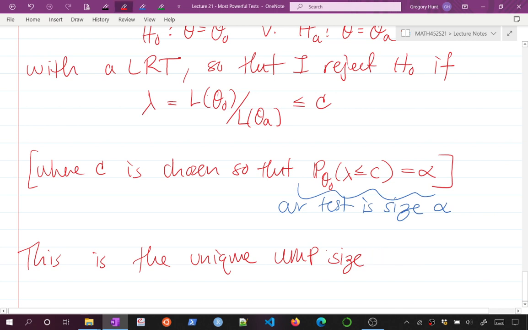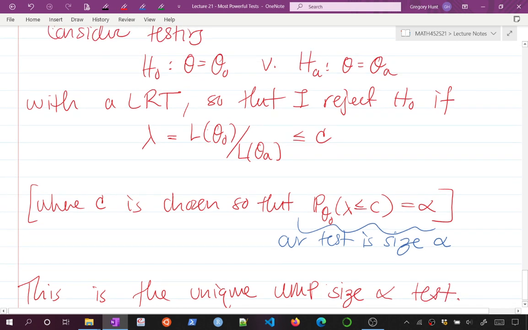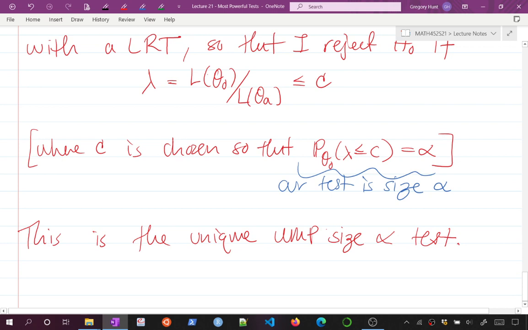Let's just stick with size alpha test. So the whole theorem basically says if I have a simple hypothesis, I'm going to use my LRT, and I'm going to choose the constant for my likelihood ratio test to ensure it's a size alpha test. And if I do this, this is going to be the uniformly most powerful size alpha test, and in fact it's a uniquely UMP size alpha test.